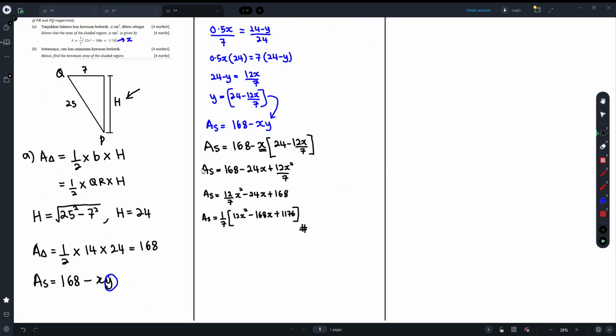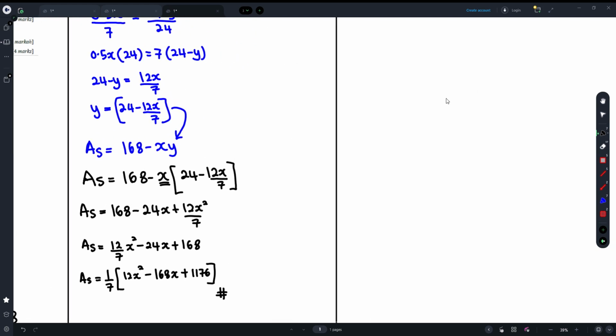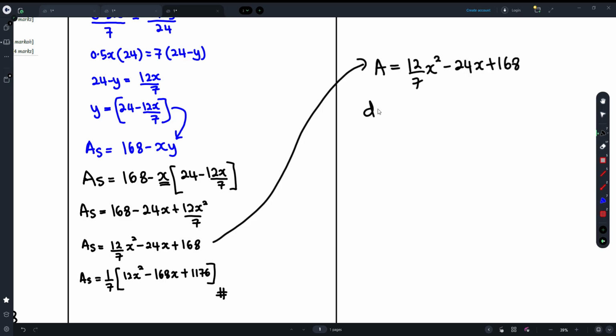After that, as you continue, we have to find the minimum area of the shaded region. So it's not a big deal. You can just recycle this particular equation where the area is equals to 12 over 7 x square minus 24x plus 168. So we're going to do differentiation. dA over dx is equivalent to 24 over 7x minus 24, because I'm just taking the value and multiplying inside.